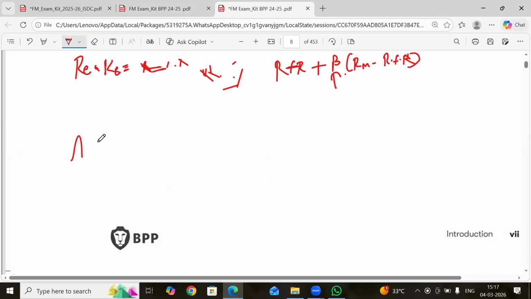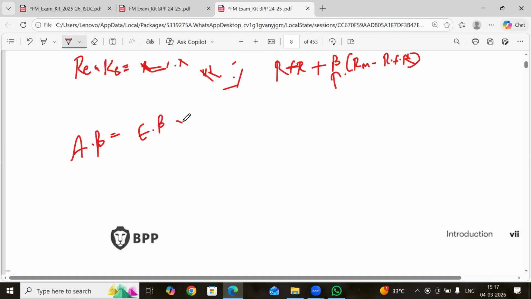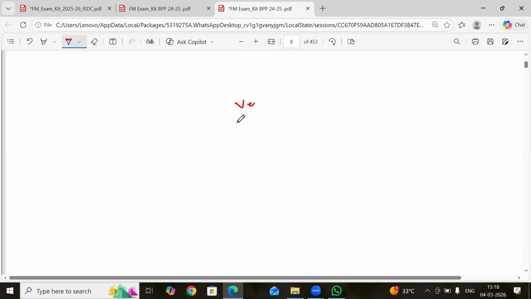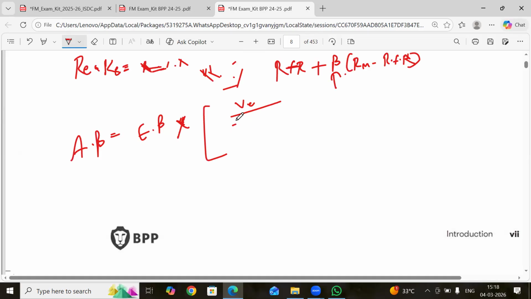Asset beta equals equity beta into value of equity by value of equity plus value of debt into 1 minus tax rate. So we will do the calculation part. Everyone should follow.